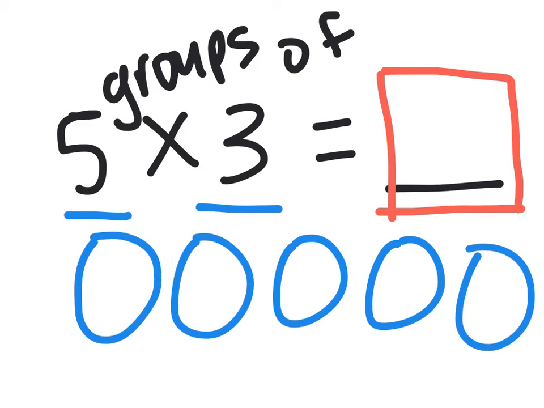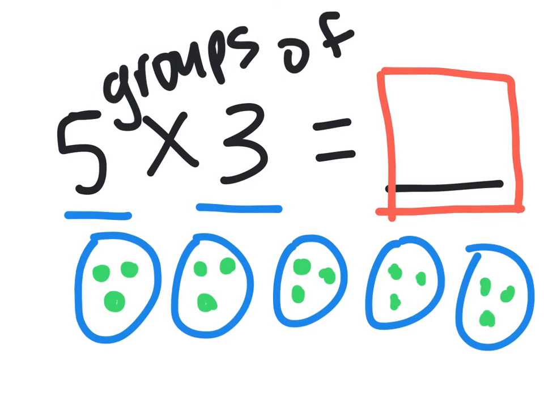And 5 groups of 3. So that means each group is going to need 3 inside of it. So that'll be 1, 2, 3. 1, 2, 3. 1, 2, 3. 1, 2, 3. And then 1, 2, 3.